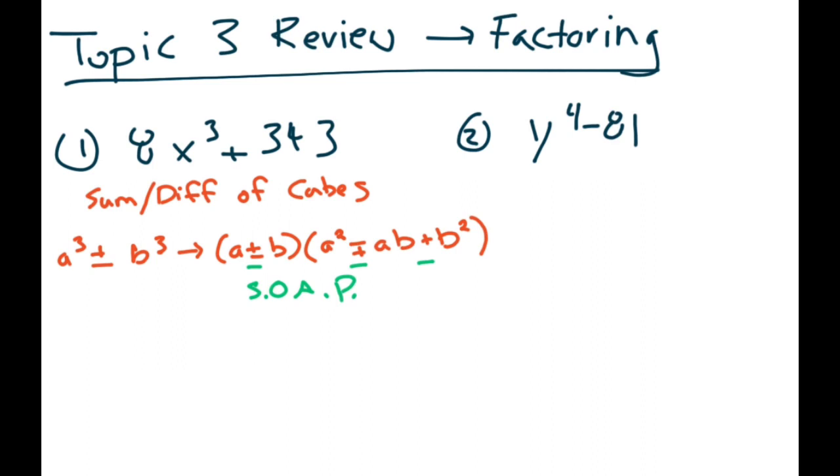So for this problem, 8x cubed, this would be 2x to the third power. So I'm going to let all my a's be 2x. 343 is 7 to the third power, so I'm going to let all the b's be 7.